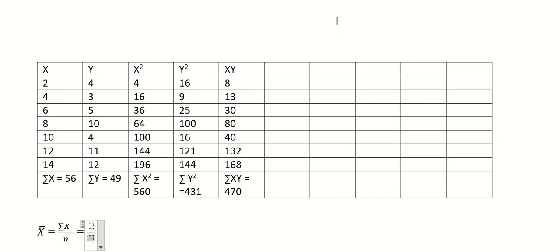N is 7 because we have 7 number of observations. Summation of x we got is 56. So 56 upon 7 is 8. Now similarly we'll calculate y.